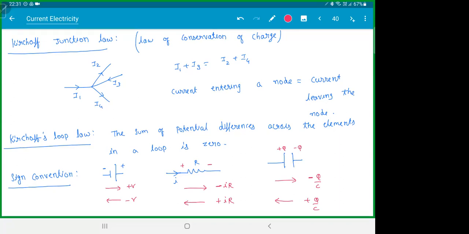In a capacitor, positive to negative plate, it drops. Clear? Any doubts on the sign convention? Please ask.